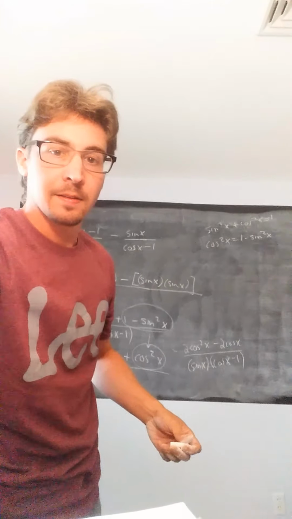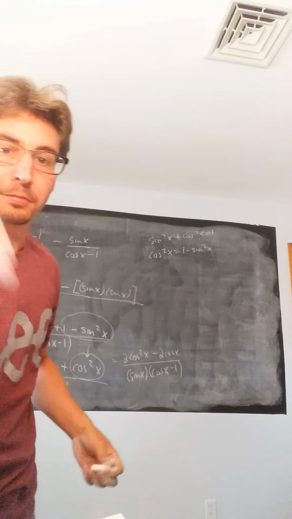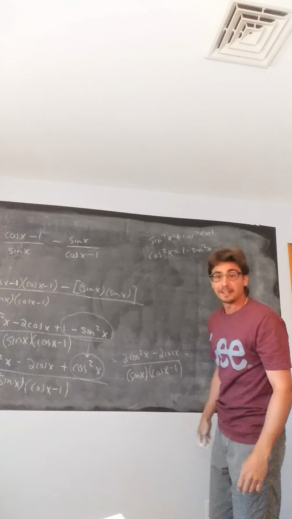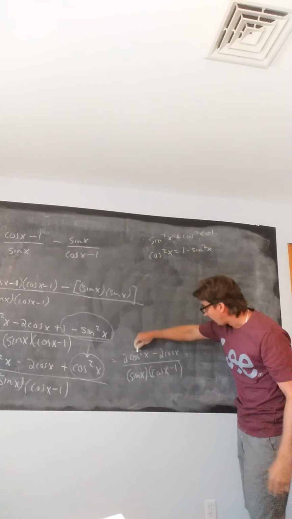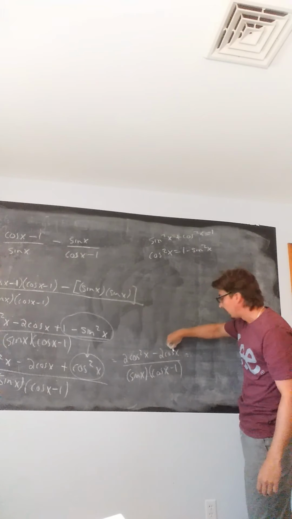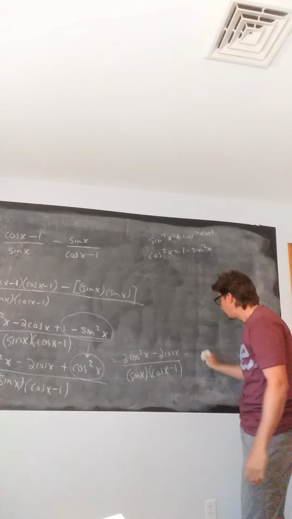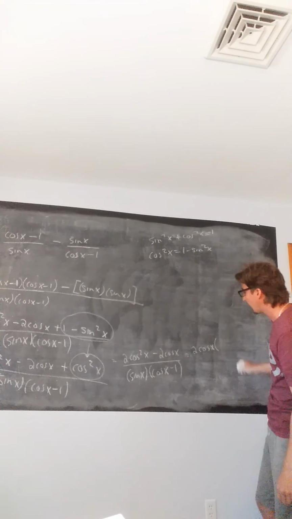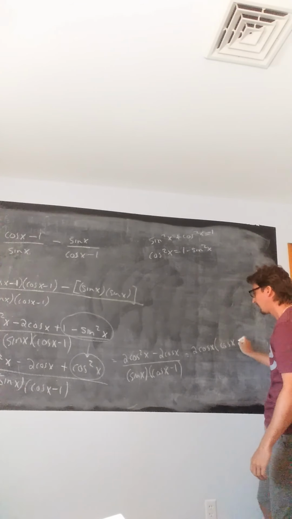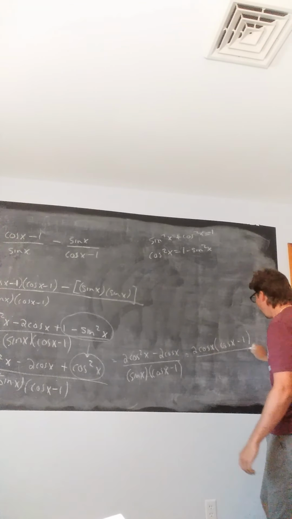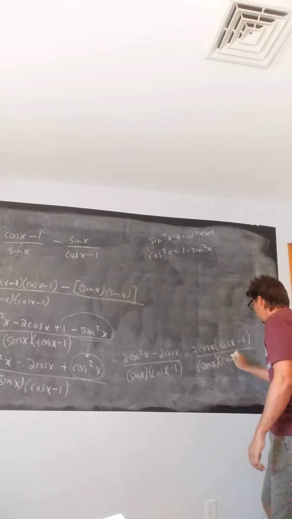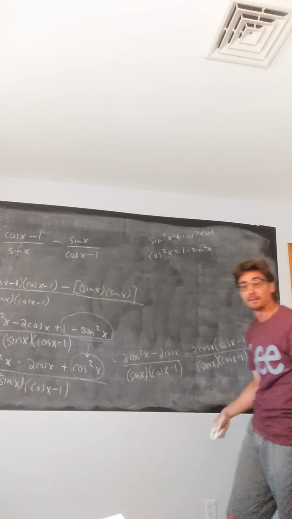Okay? Let me turn this way. And then guess what? We're going to do something else that you guys don't like, which is factoring. I have a 2 cosine squared and a 2 cosine. So that means I'm going to pull out a 2 and I'm going to pull out a cosine. And when I do that, I'm left with cosine x minus 1 over sine of x times cosine x minus 1.